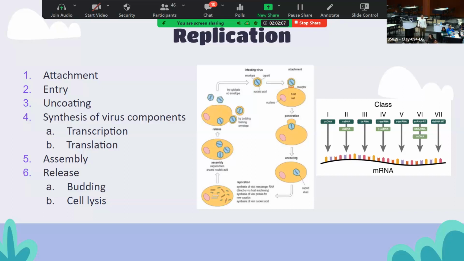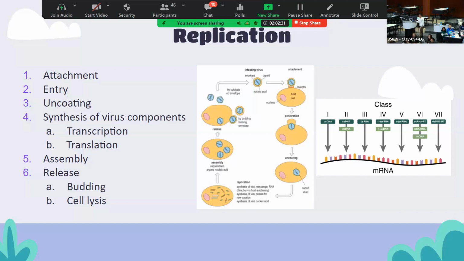Translation for the proteins, transcription for the genetic material. Assembly, so it assembles all the components into the virus and then it's released either by budding or cell lysis. Cell lysis will result in non-enveloped viruses, and budding, because it buds off from the actual cell, will form enveloped viruses.